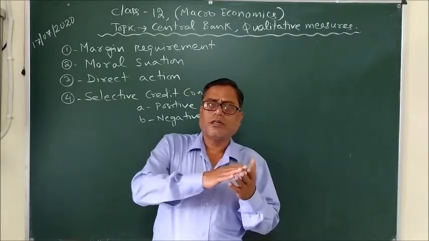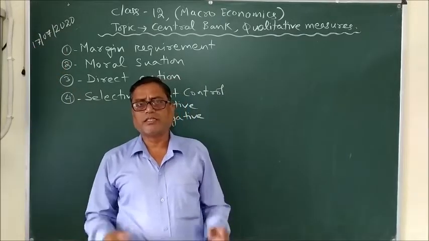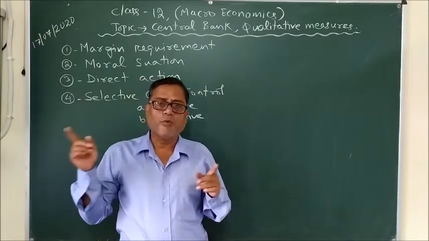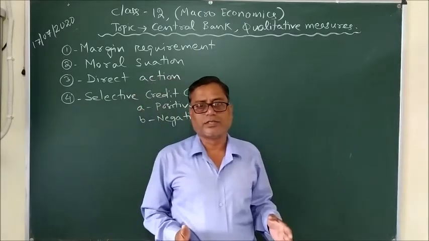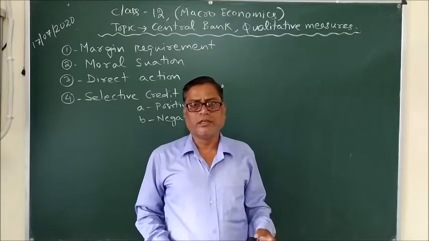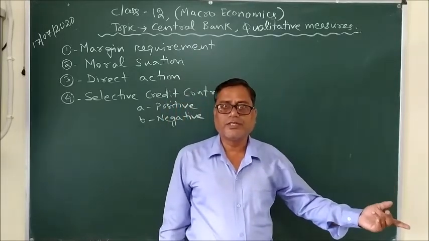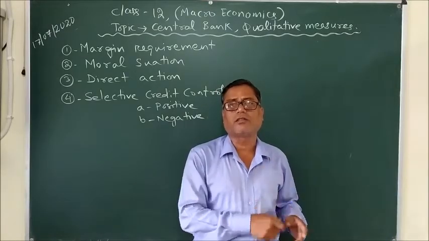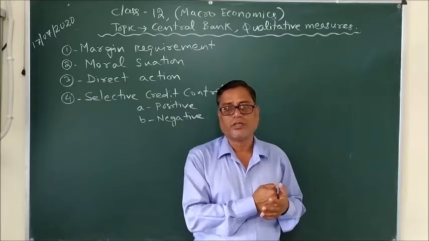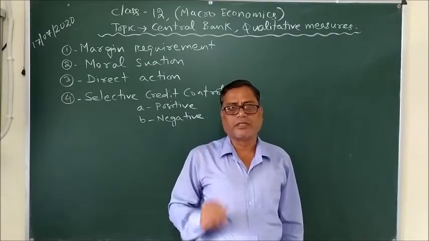Just try to understand how the chain of sequence is related. Margin requirement is imposed by the central bank on commercial banks, that while advancing loans, they put margin requirement on the customers or on the investors. Suppose margin requirement is 80%.